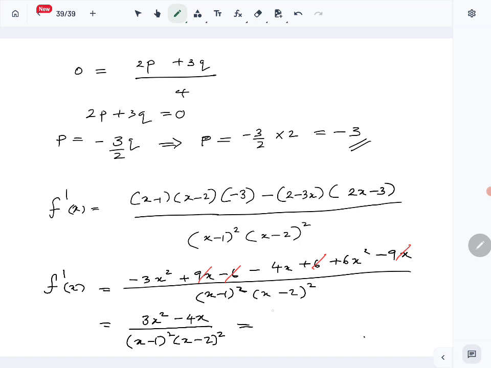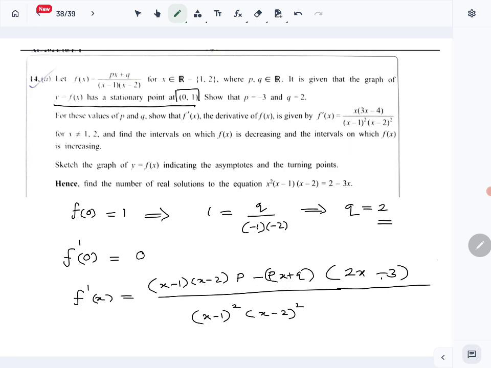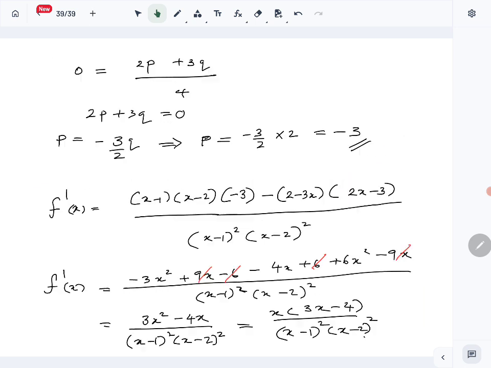Or we can take x out, so 3x minus 4 over (x minus 1) squared, (x minus 2) squared. Right. So let's see if that is the expression we want to show. Right, correct. So we have done that.